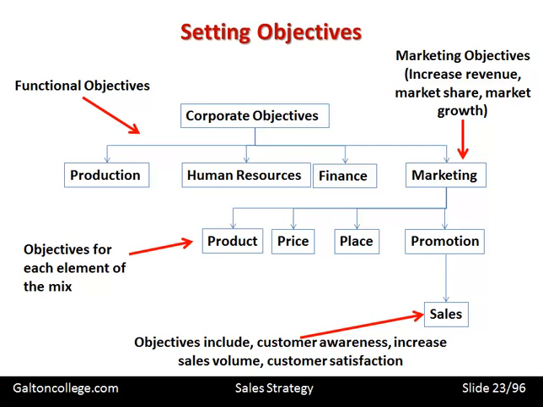I've actually just listed sales here against promotion, but in fact all of the elements of the marketing mix contribute towards greater sales or greater impact in the market. And the important point is, going back upwards on the diagram, it all feeds back up through the various elements of the marketing mix, up into marketing and back into the corporate objective, which is trying to be achieved.